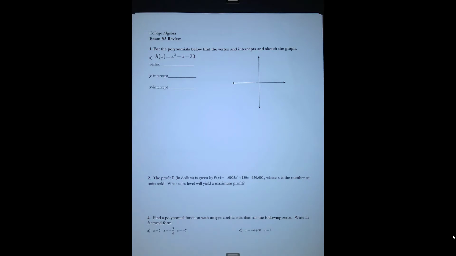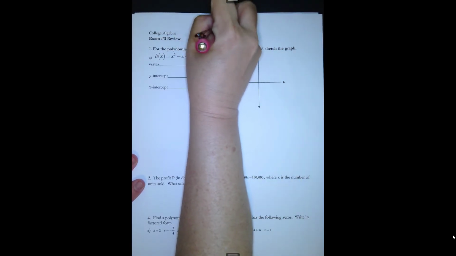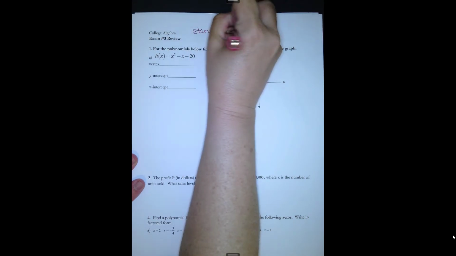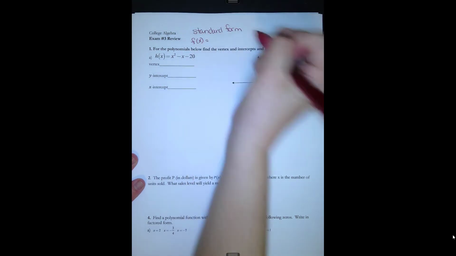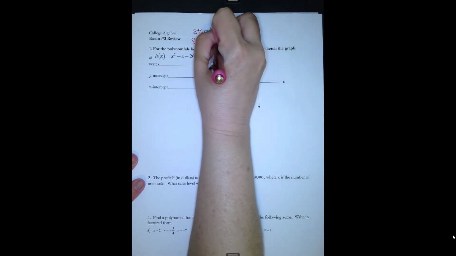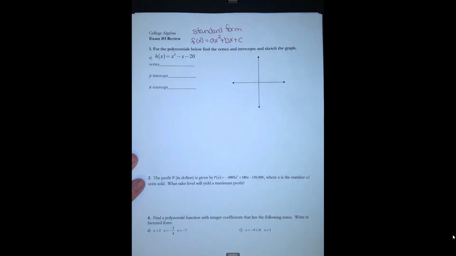Since this is a quadratic in standard form, remember we had our two different versions. Standard form is simply f of x equals ax squared plus bx plus c.